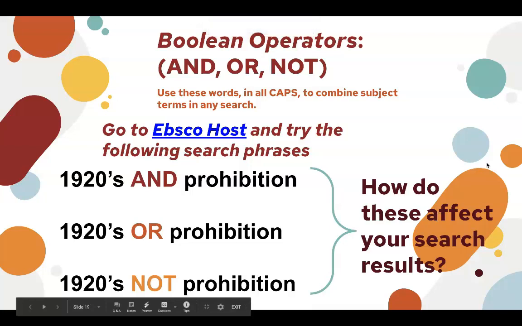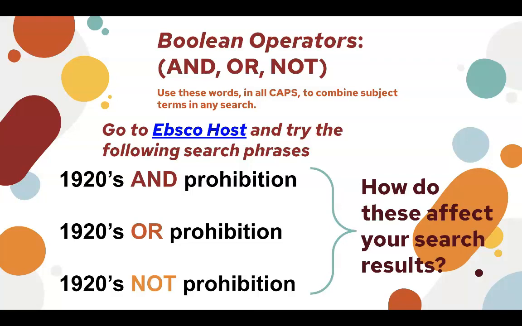Hopefully some things you took note of were that, in terms of the amount of results, you got the least using and, because you are telling the database, I want sources that specifically talk about the 1920s and prohibition together.